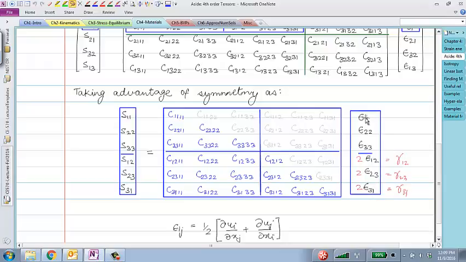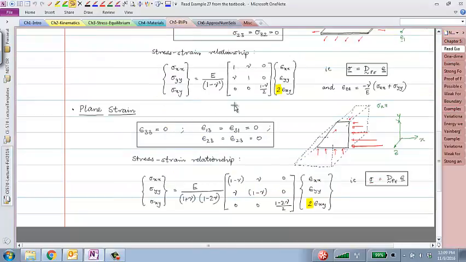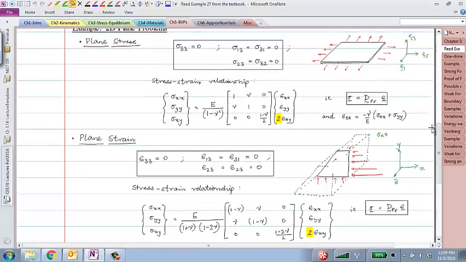The only non-zero components are epsilon 11, epsilon 22, epsilon 12. So that immediately gets rid of a lot of these constants and leads us to a simpler 3 cross 3 relationship. That's what I've written out here. It's not terribly difficult to derive this, but it comes in handy when you are solving plane stress or plane strain problems.